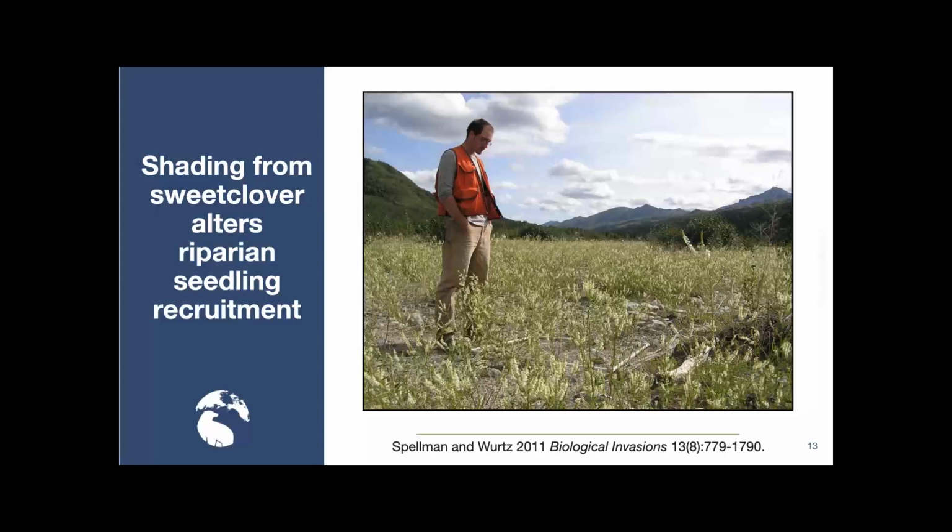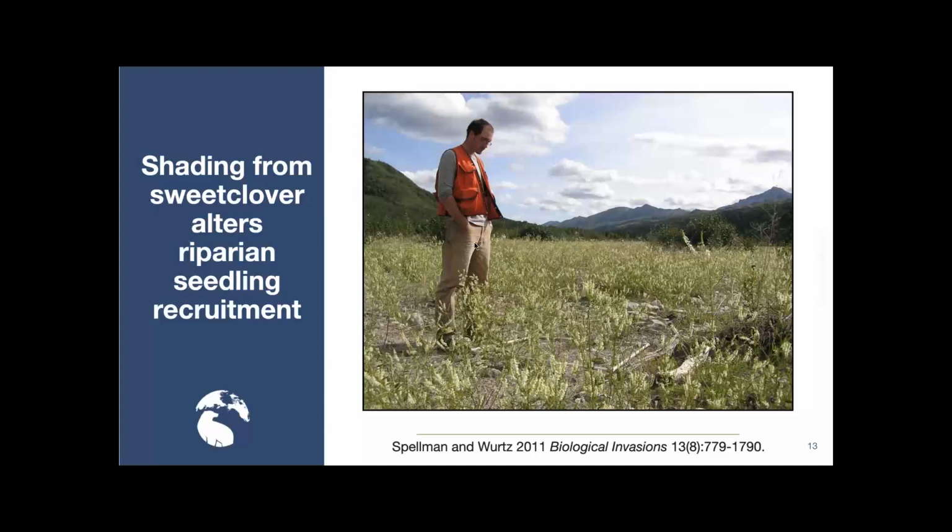One thing he found is that he documented this new shade environment. Like Bruce said, those riparian areas are typically really wide open, like the nesting habitat, Bruce, that you mentioned. And for floodplain succession, that open light environment is really important for things like willows.